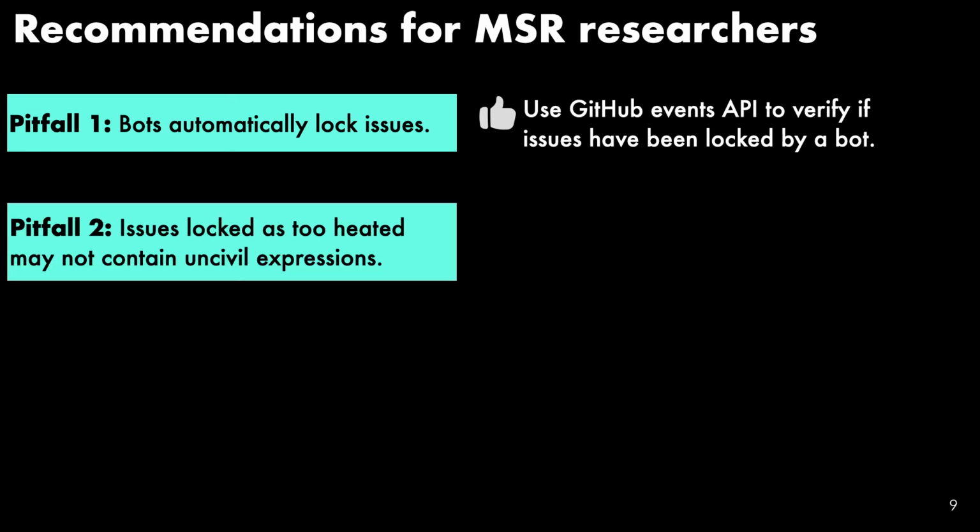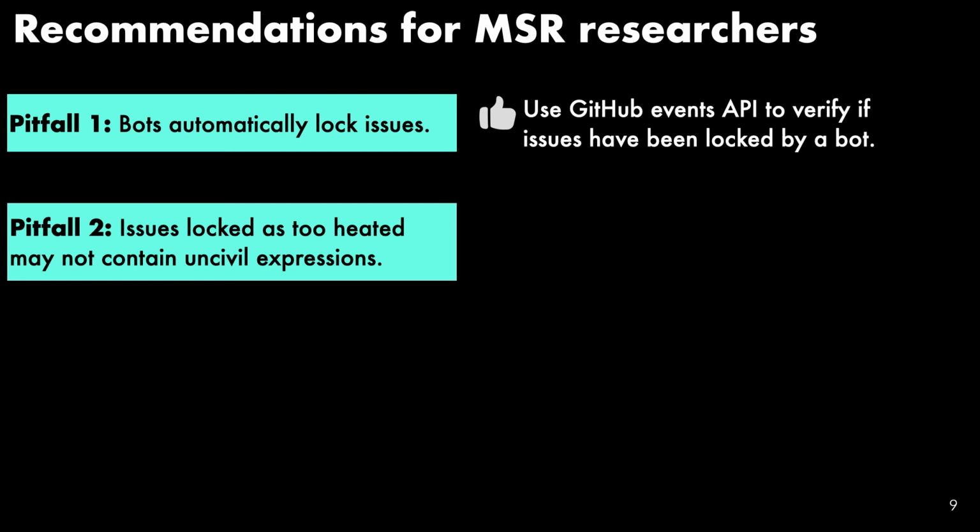Also, according to our analysis of incivility, we found that around 33% of the issues locked as too heated do not contain any uncivil comment. So MSR researchers should not assume that uncivil expressions would necessarily appear in issues locked as too heated, because blindly using this dataset to feed a machine learning model, for example, might lead to unreliable results.